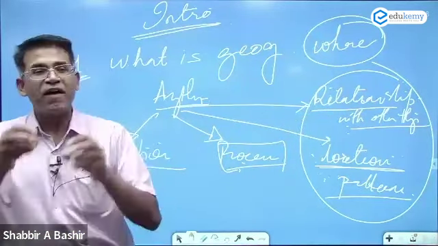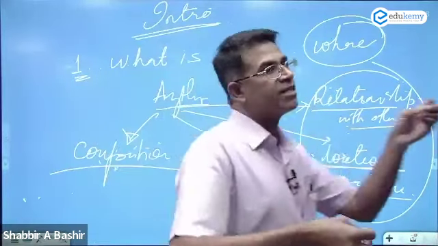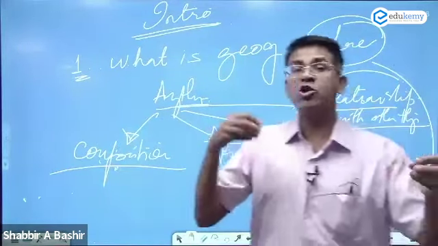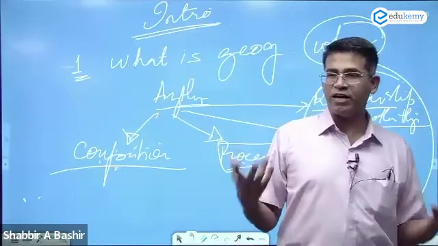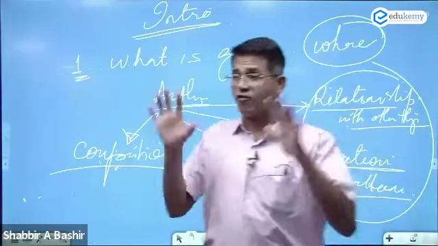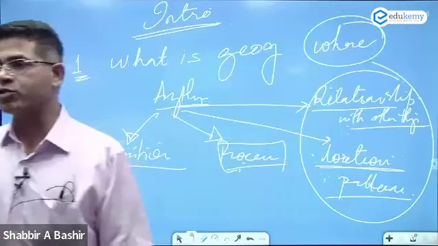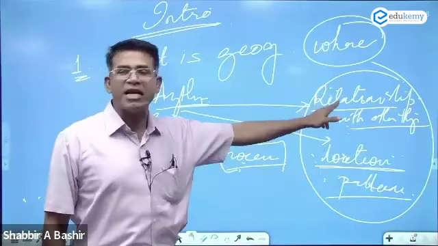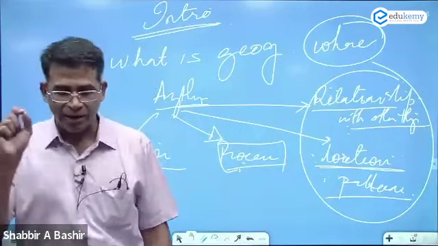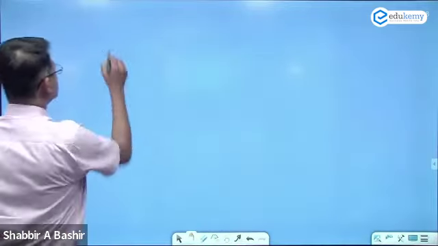Okay, so if I crystallize this in some way, I say that geography is the study of Earth as a home of man in terms of the location and relationship of elements and processes on the Earth. So what's geography?